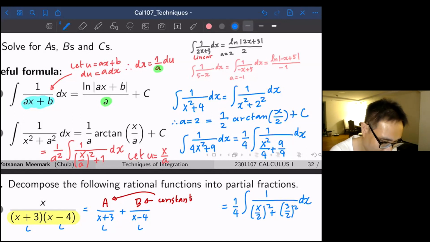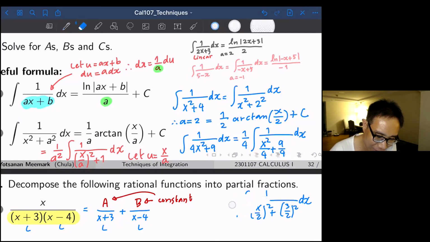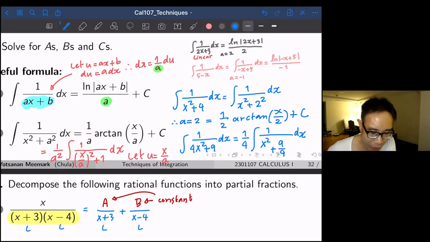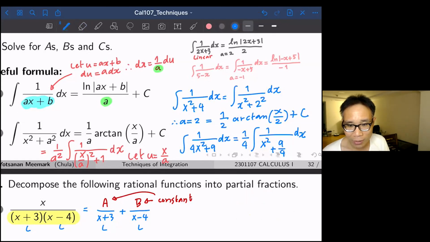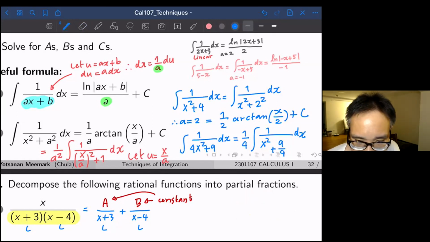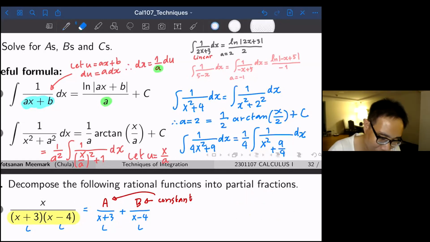I made a mistake. It's not that hard to do. I was thinking, why am I doing this one so hard? So this one is not that hard. You pull out 4, and this is what you get: x squared plus 9 over 4. Sorry about before. So this one is going to be 9/4.